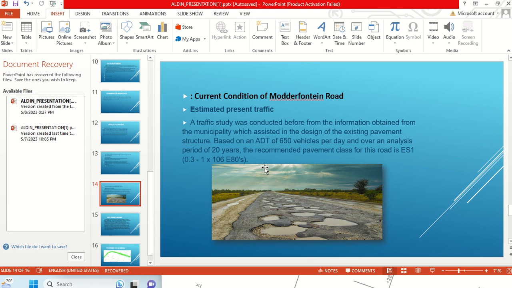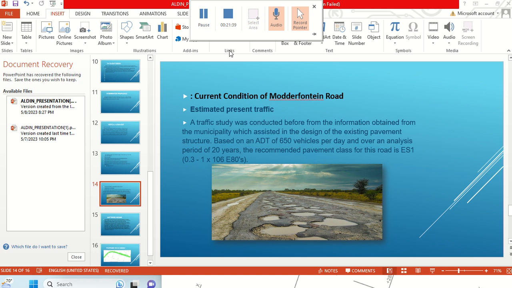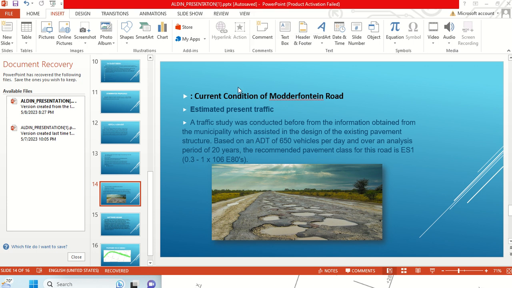According to the study that was done on the actual road, we discovered that the road used before didn't have layer works.